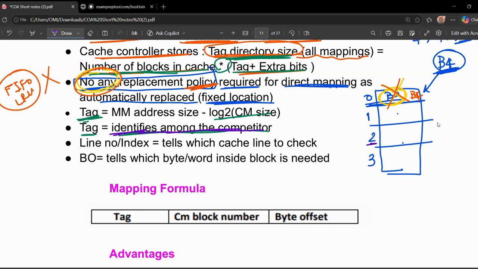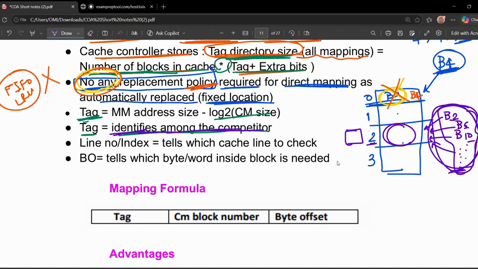For example, let's say B2 is there, then B6, then B10, so many competitors are mapping to the same line. You know that all of these blocks, 2, 6, 10, map to 2. Now you want to know which block out of the competitors is present here.